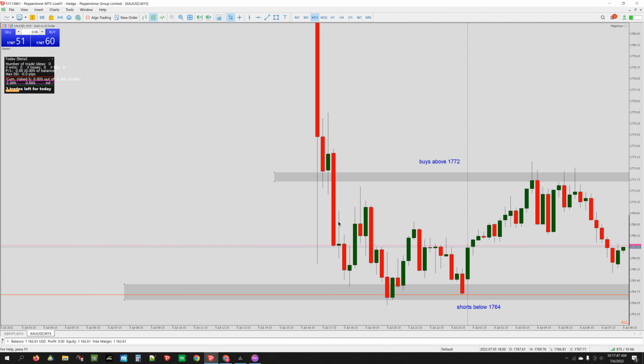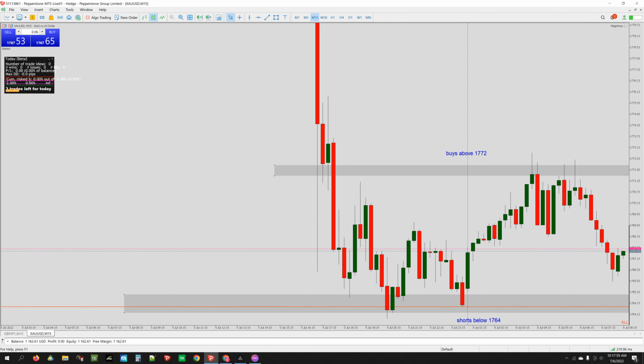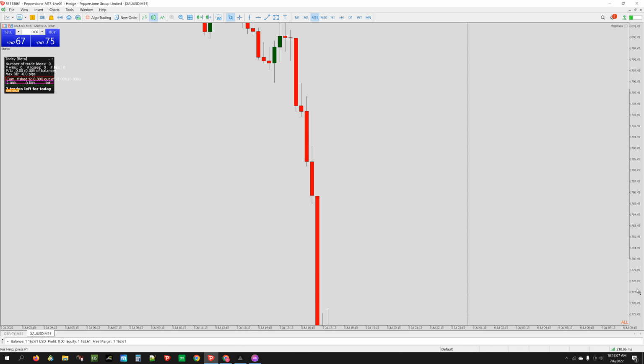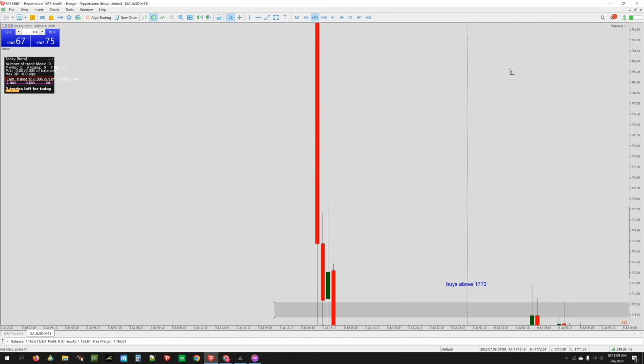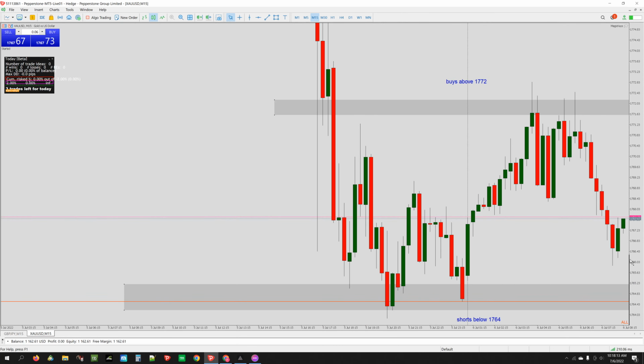For now we are looking at this condition, and both these areas are very strong areas. Even if we move below 1764, the whole problem is there are a lot of supports till 1750, almost like I can't move any lower than this.